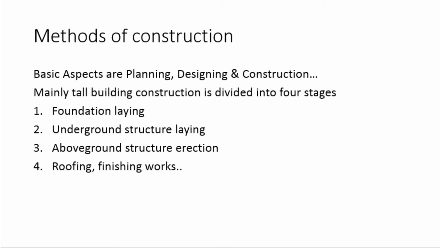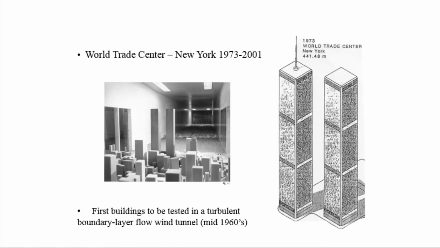Method of construction. Mainly the method of construction is related to ordinary construction: foundation laying, underground structure laying, above ground structure erection, roofing, finishing work, etc. World Trade Tower is near 441 meters.